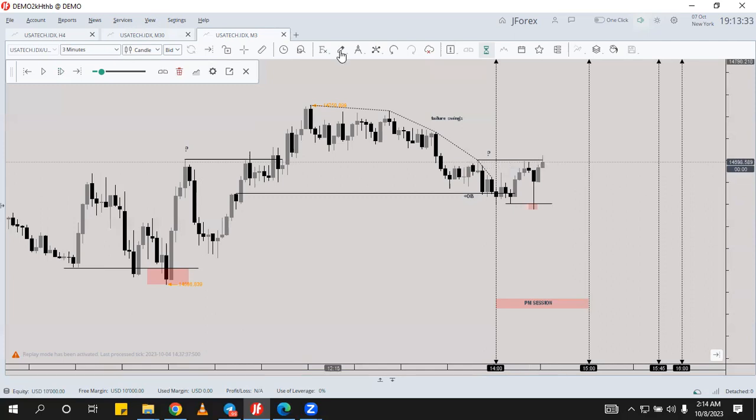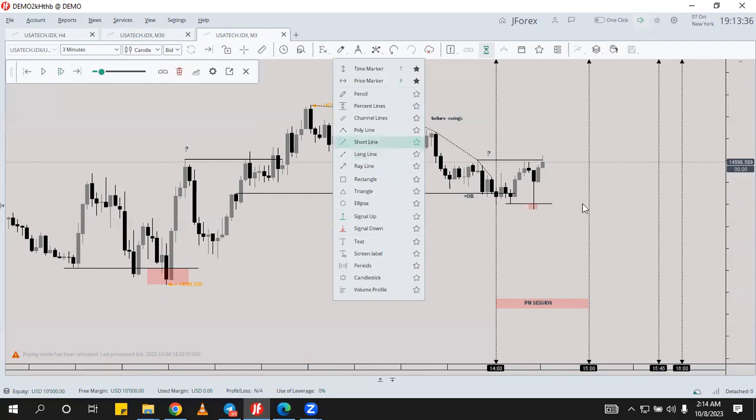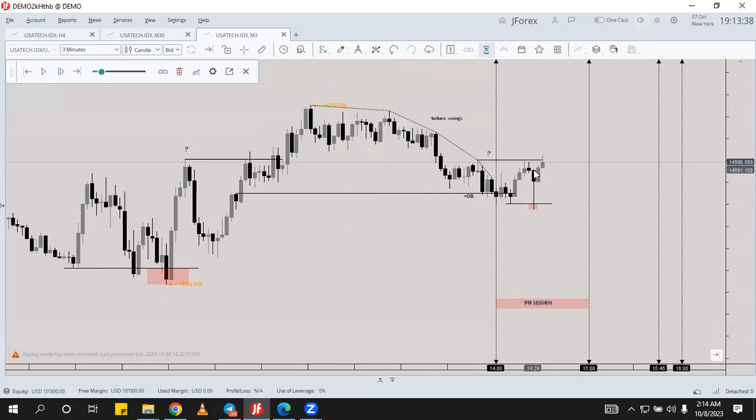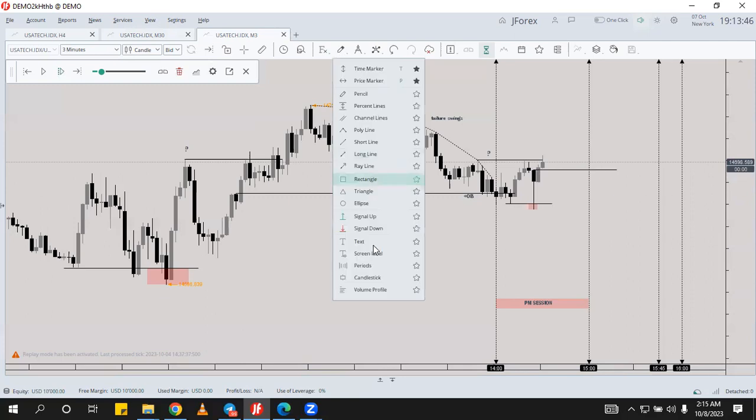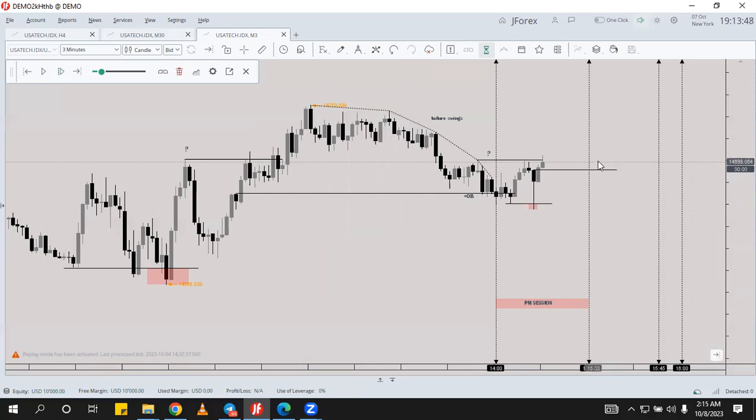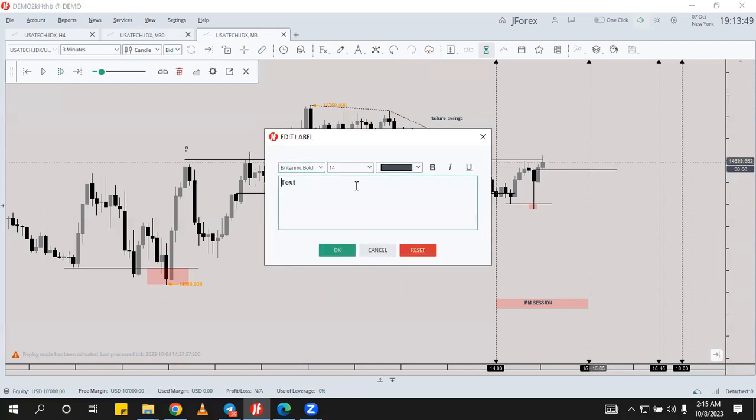So what I'm looking at is this order block here. That is an order block. So we're going to place our entries at this order block.